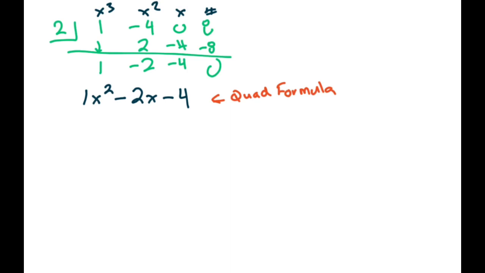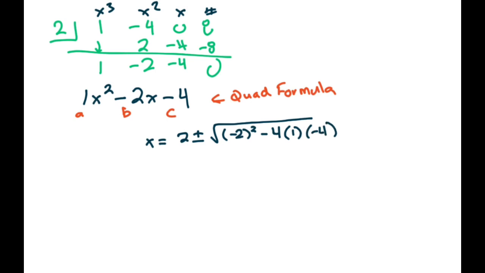Again, a equals 1, b equals -2, and c equals -4. So x equals -b, so that turns into a +2, plus or minus the square root of b squared minus 4ac, all over 2a.